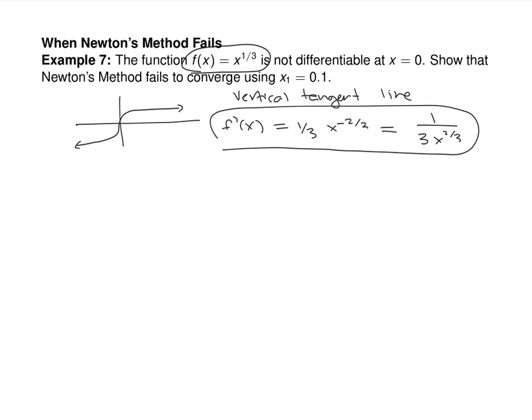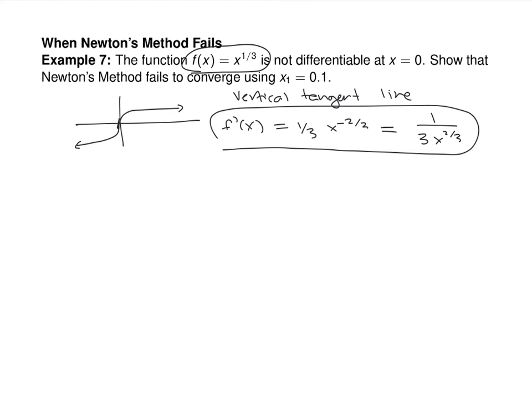But you could with the original function. And it's not a corner, obviously, and the function is continuous. It's that whole vertical tangent line thing going on. As you get close to 0, your tangent lines have slopes that approach infinity. And if you were to graph this function, you would have a function that has an asymptote at 0.